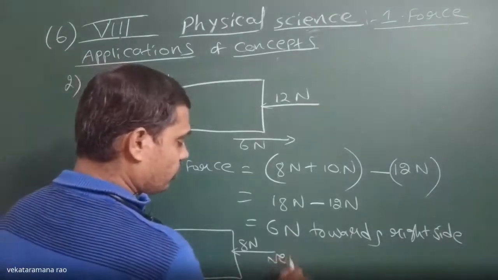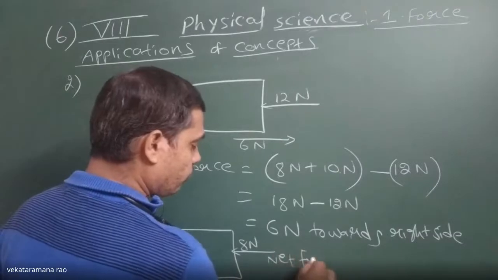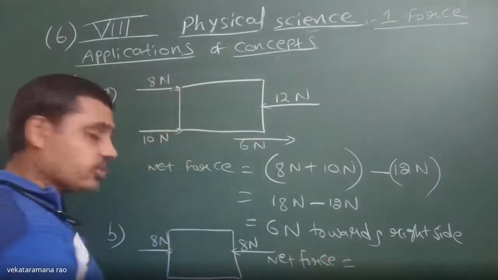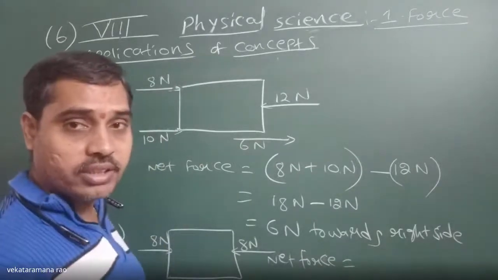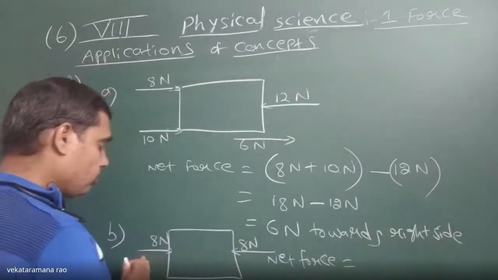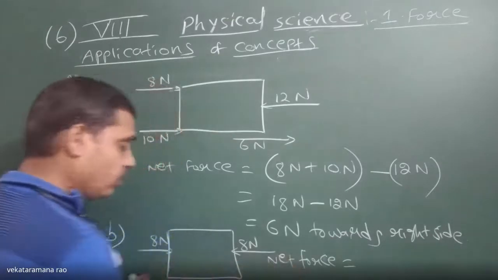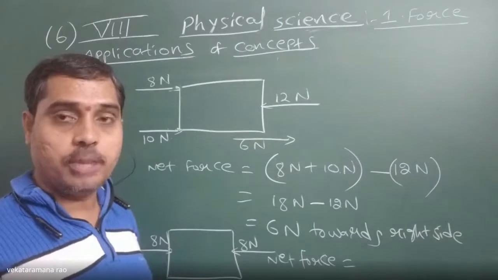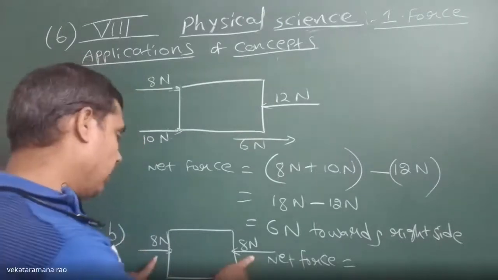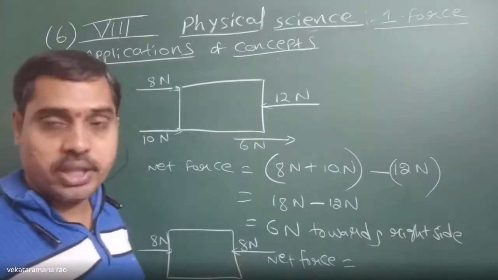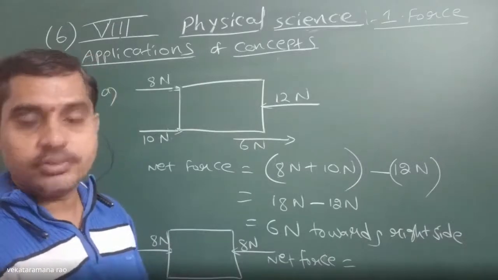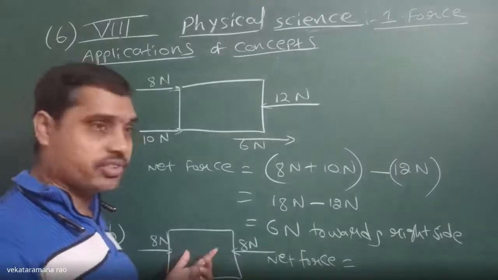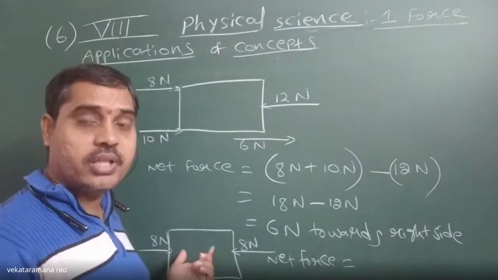Are these two forces acting in the same direction? No, they are not. One is from left to right and the other is from right to left. As both forces are acting on the block in opposite directions with the same magnitude, the net force obviously will be zero. As a result, this block won't move in any direction. This block will be at rest.